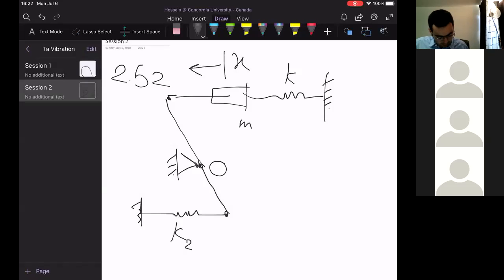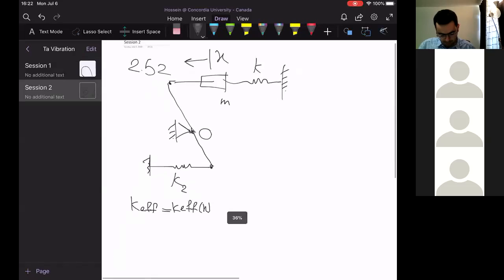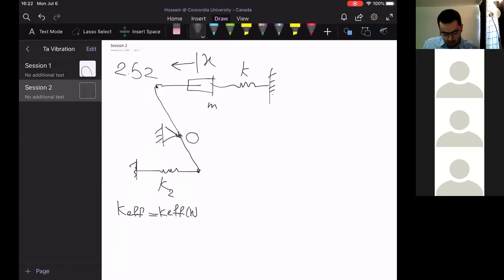Okay, we are supposed to find effective stiffness as a function of displacement X, okay? As I told you in the previous session, in a system that has several rigid links linked like here, we could use effective stiffness and effective mass in order to make the model much simpler.